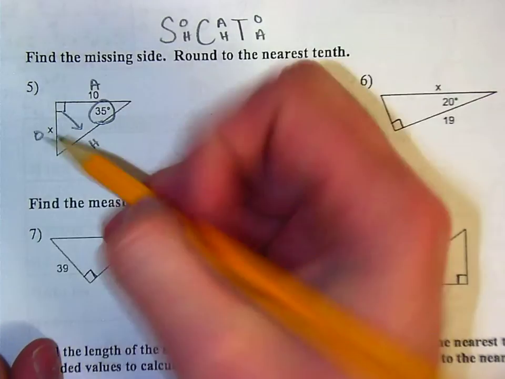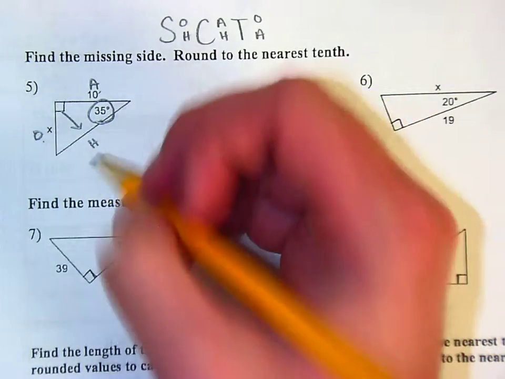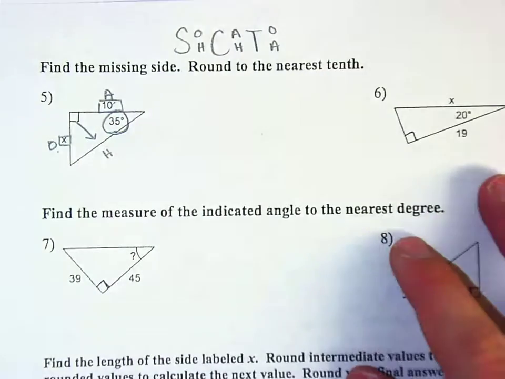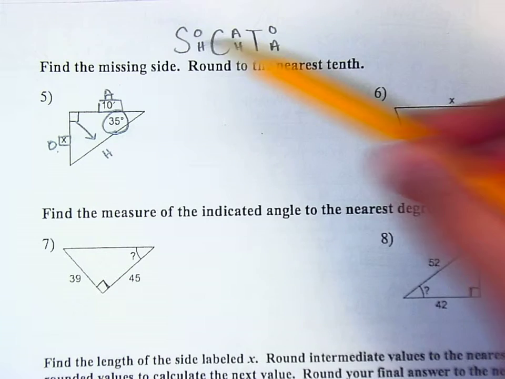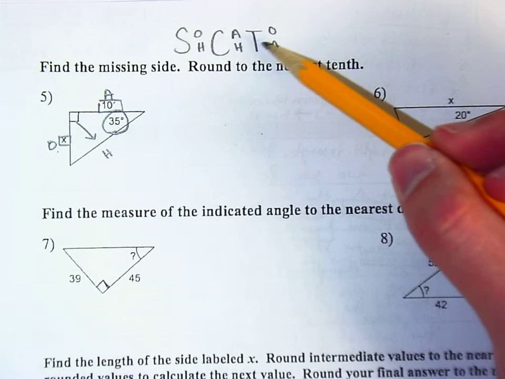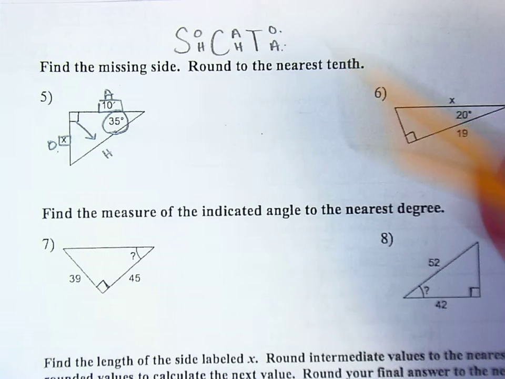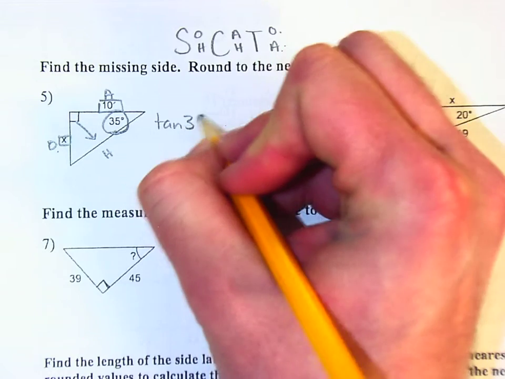Well, here we have opposite and adjacent. What I mean by that is that they've given us values for those. We have x and we have 10. So we need one of the trig ratios that has opposite and adjacent, O and A. Right here, tangent has both O and A. So I'm going to use the tangent of 35.